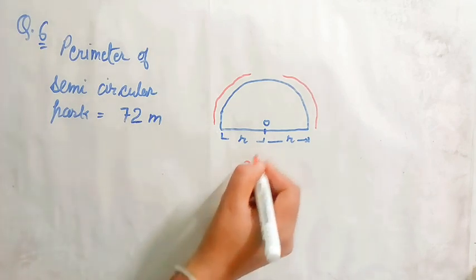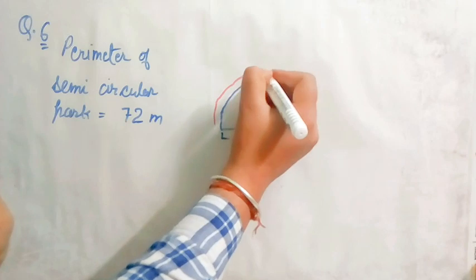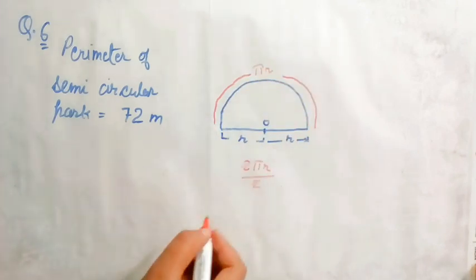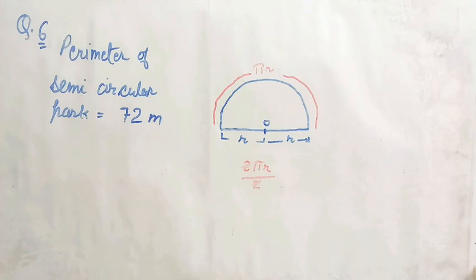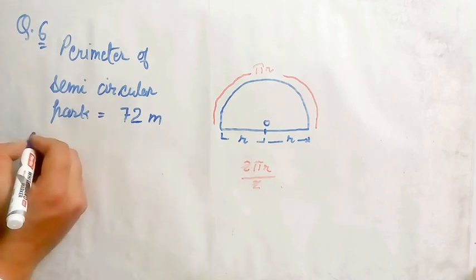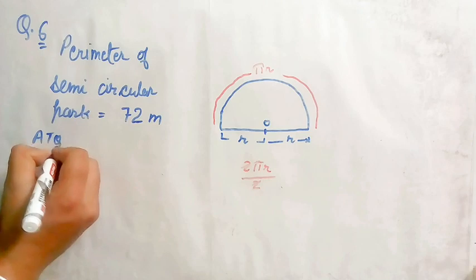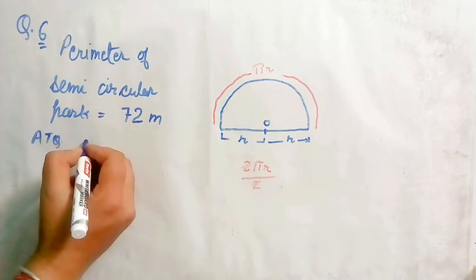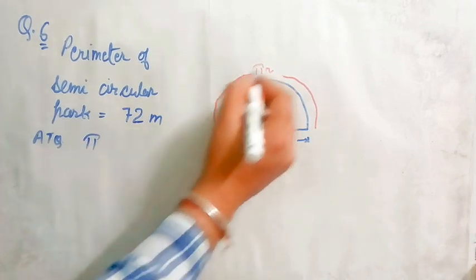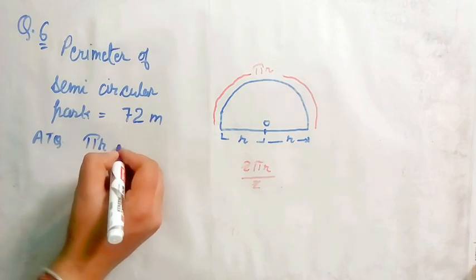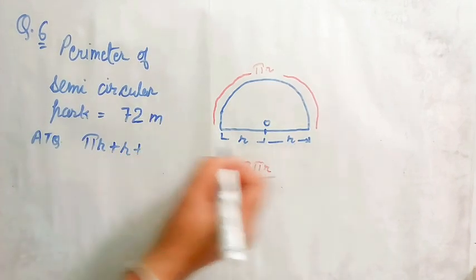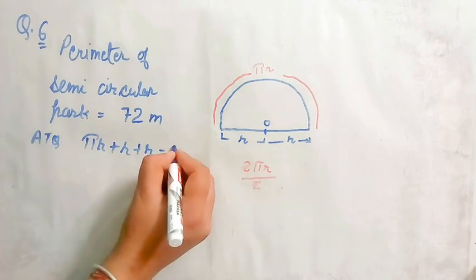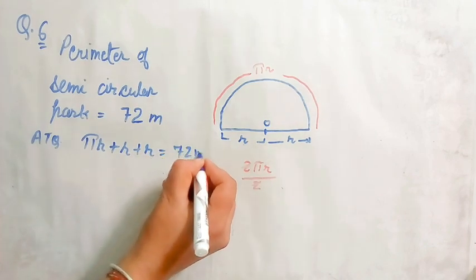So half of 2 pi r will be the length of the circular boundary. And remaining we have 2 radii. So the perimeter will be equal to pi r, that is the circular part, plus first radius plus second radius is equal to 72 meter.